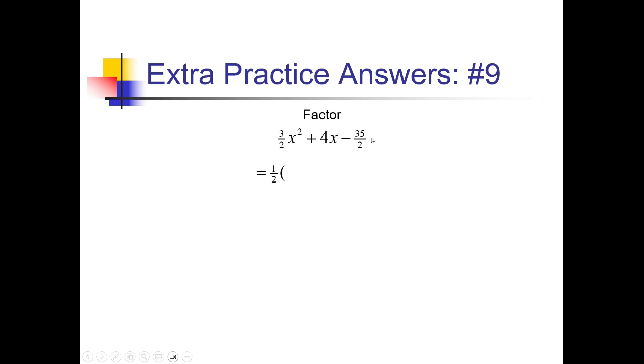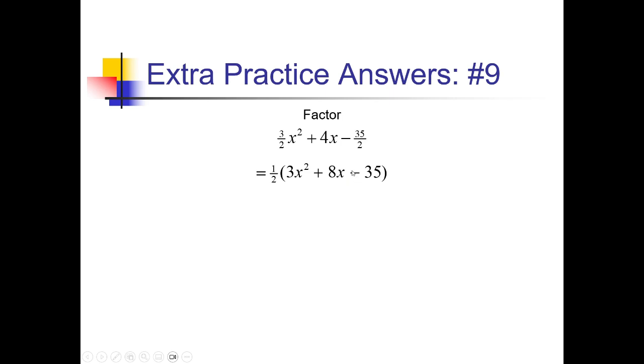Because I noticed that 2 of these have denominators of 2, and the one that doesn't, well, I don't really care. So if I divide 3/2 by 1/2, that'll give me a 3x squared. 4 divided by 1/2, we're really multiplying by the reciprocal, which is 2. So this would be a plus 8x. And then negative 35 over 2 divided by 1 over 2 is just going to be minus 35.